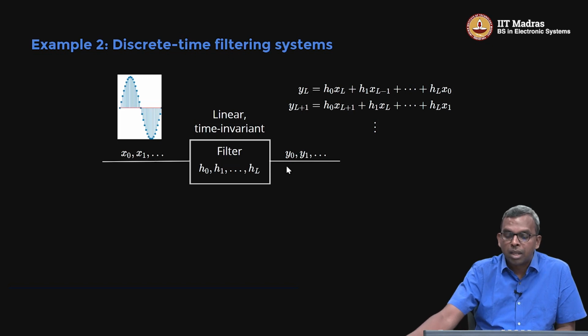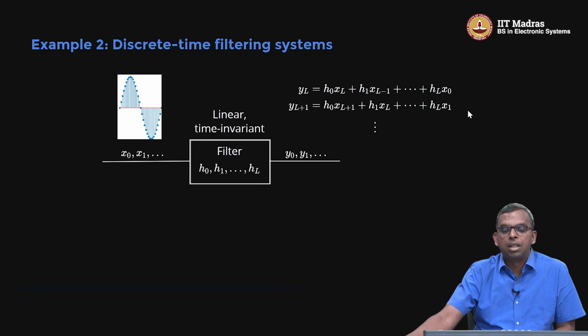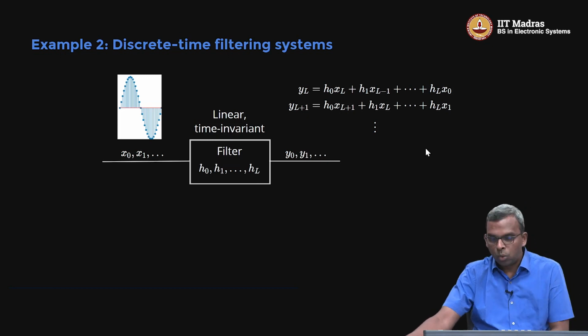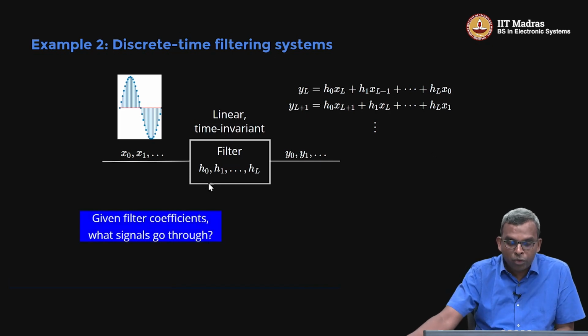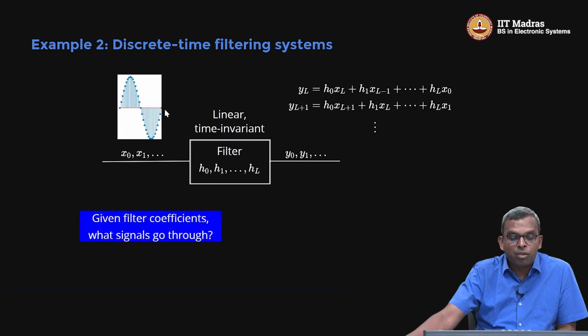Notice how the relationship between the output and the input is a simple linear relationship, and both types of questions that we asked are very important now. Given the filter coefficients, find out what type of signals will actually go through. For instance, if I send sine waves of different frequencies, what will be the output signal? Will some frequencies go through far better, and some frequencies not go through?